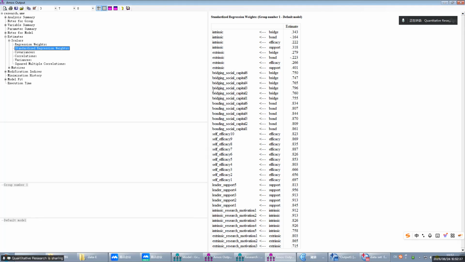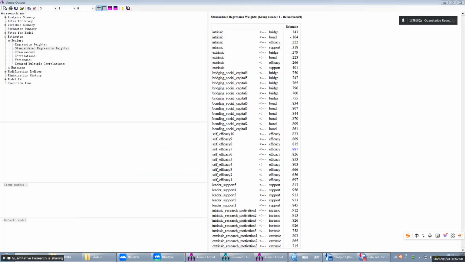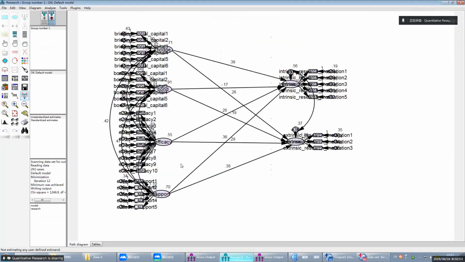Now we are going to talk about the last important thing, which is mediation. Close this one. Good. Can you distinguish the four predictors? Are they different?